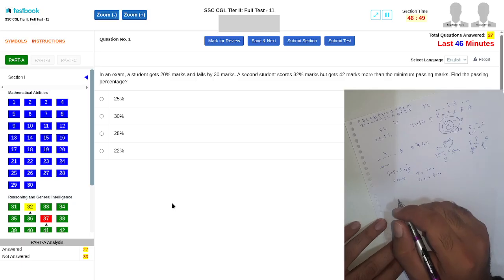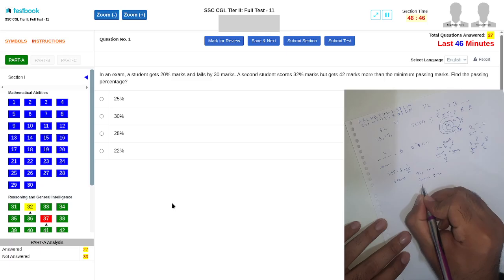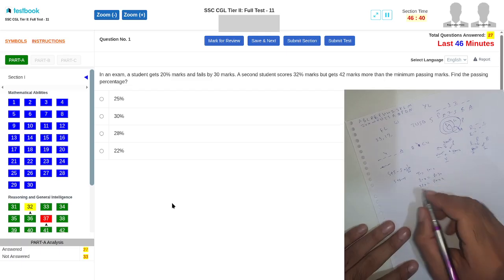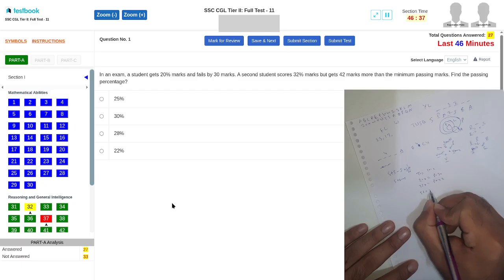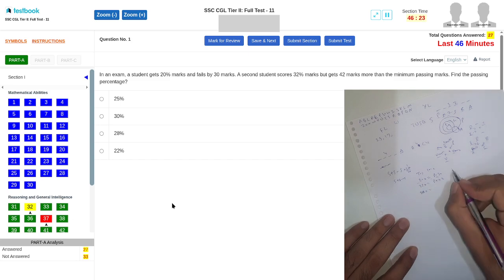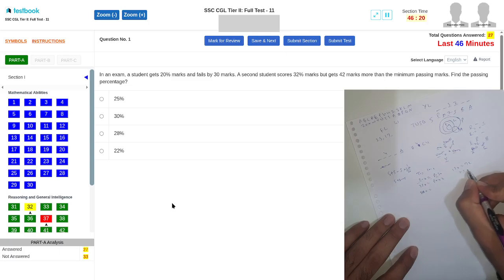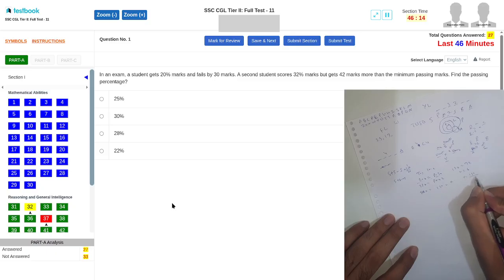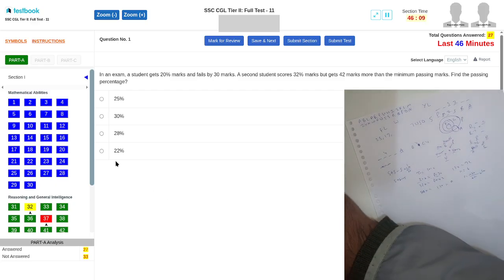Suppose 32x is equal to P plus 42, by the passing percentage, 52x is equal to 72, x is equal to 6, 6.22 is to P is to 150, which is 6.25.